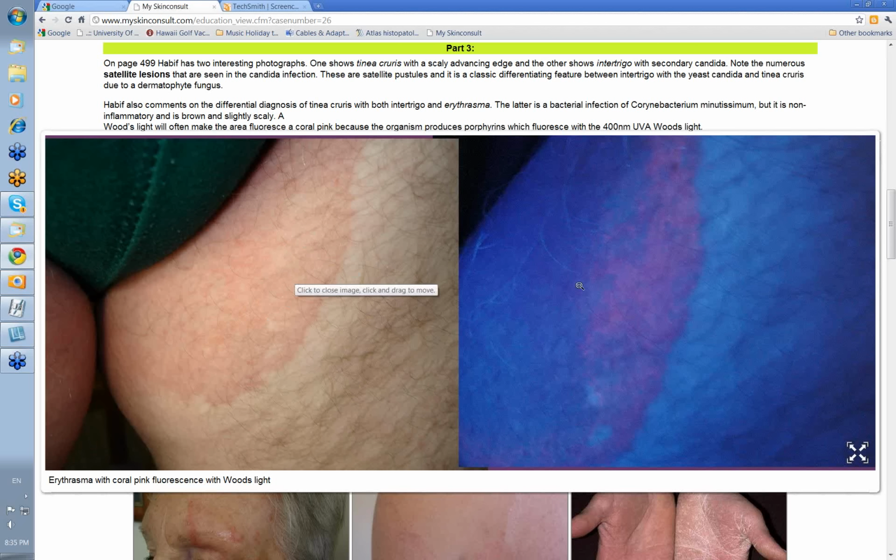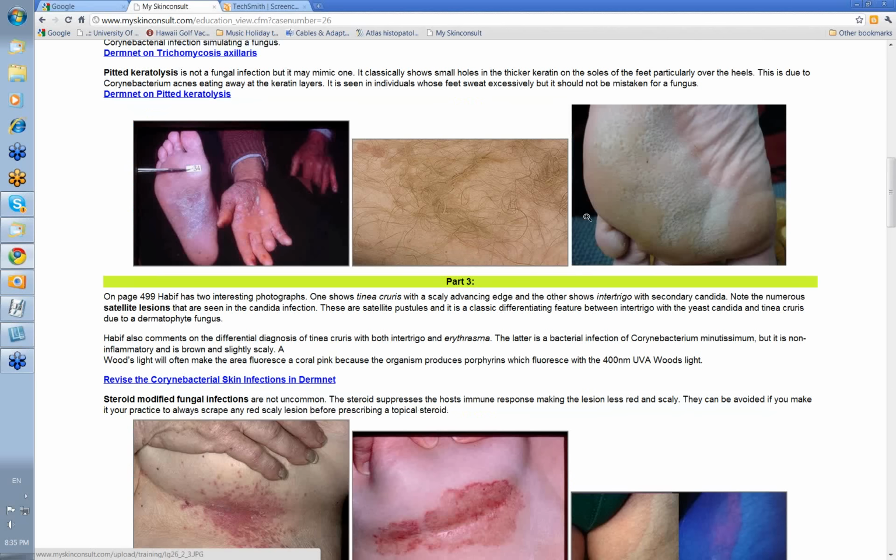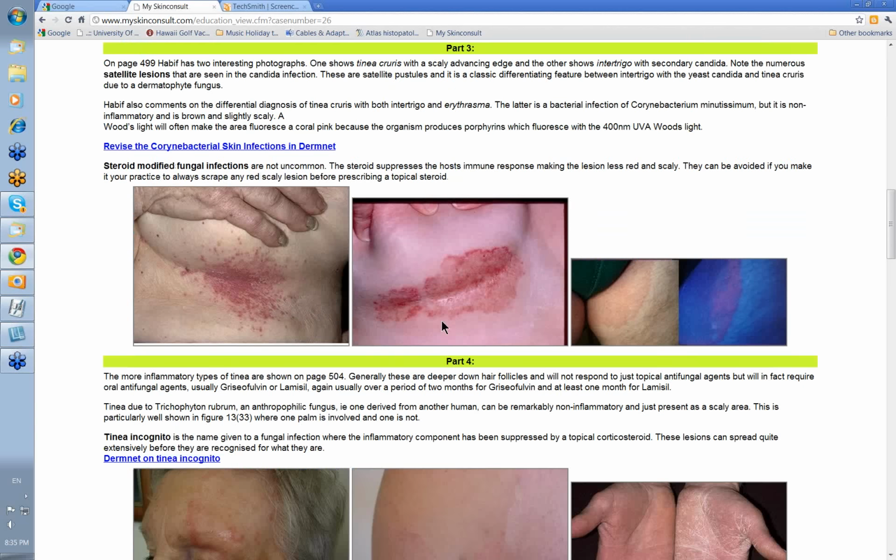If you shine a blue Woods light in it, it fluoresces coral pink like this. So that's a classic sign of erythrasma. So corynebacteria can give rise to erythrasma, give rise to pitted keratolysis, and give rise to trichomycosis axillaris.